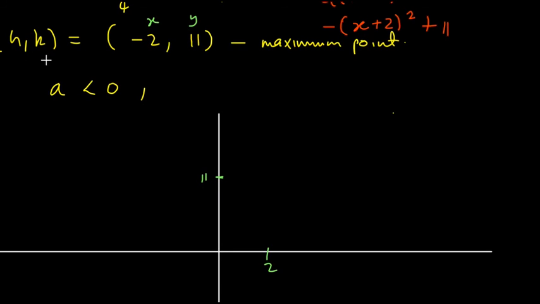So how about the y? This is y, this is x, but we also need the intercepts, the y-intercept. So when x is 0, we need to find the y-intercept.